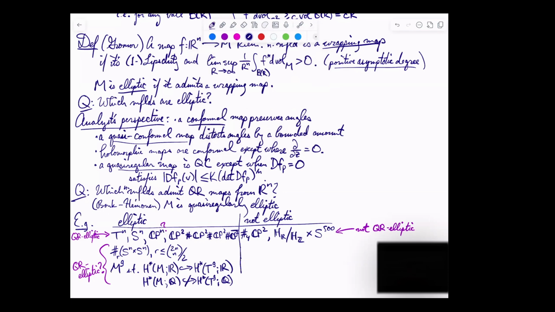So you're in good company. There's another example like this, which is if you take an n torus and you connect sum it with a rational homology sphere, which maybe has Z/p homology in some degree between 2 and n-1.